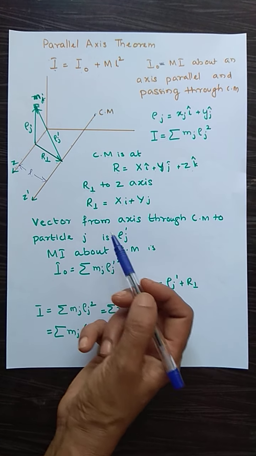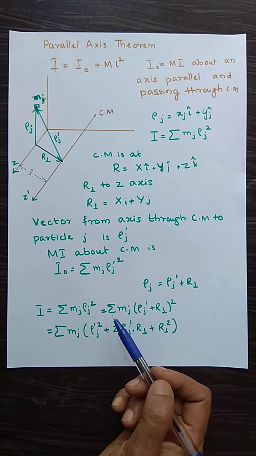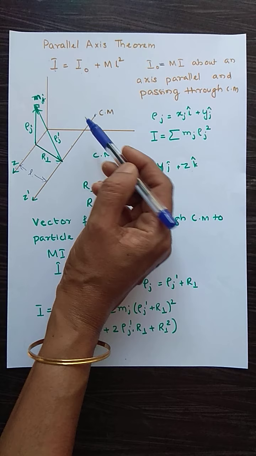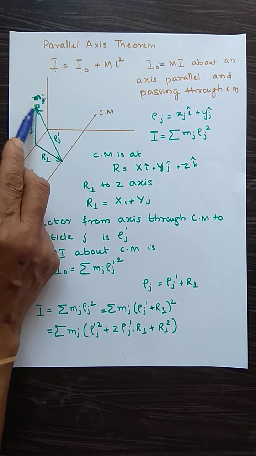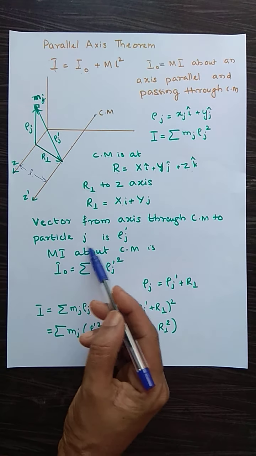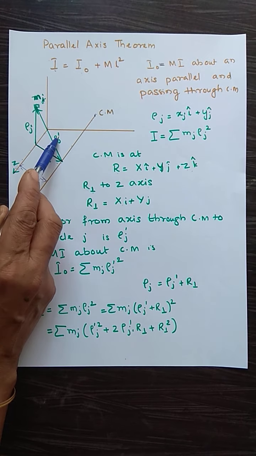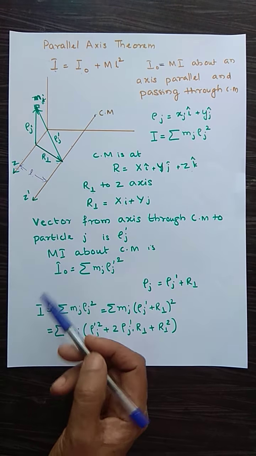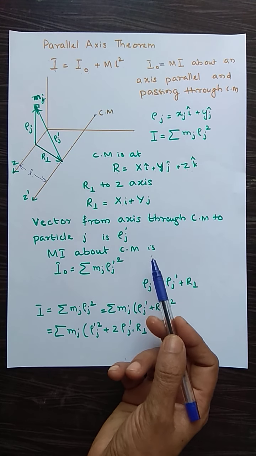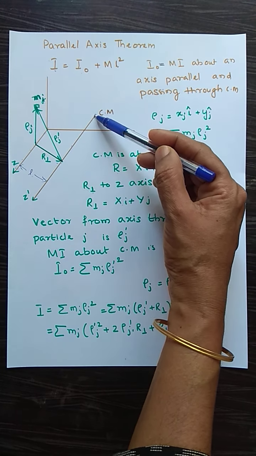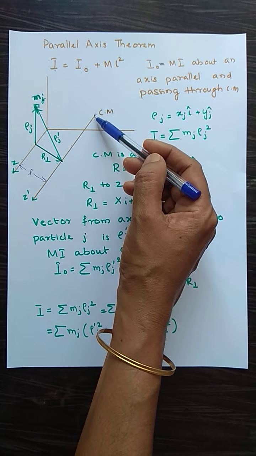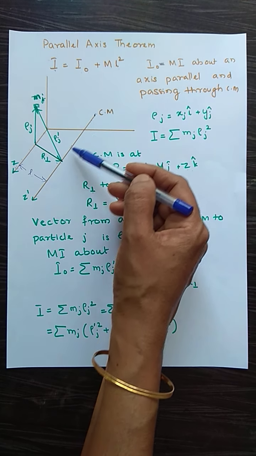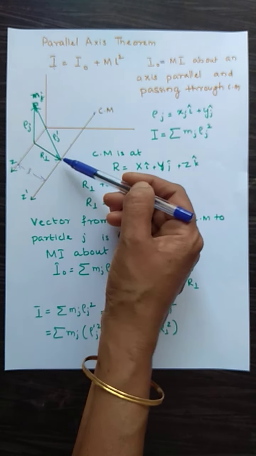Now, vector from the axis through center of mass to the particle j. This is the axis through center of mass to the particle j. The vector is rho j prime, or rho j dash. Moment of inertia about center of mass. About the center of mass, if you consider, about the center of mass means the axis passing through the center of mass and parallel to z axis.